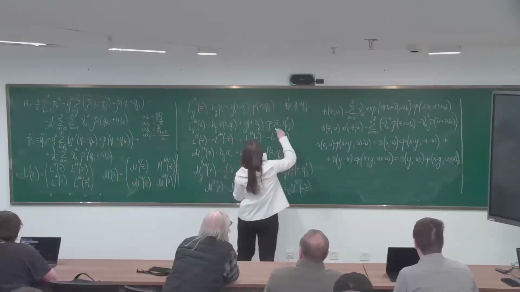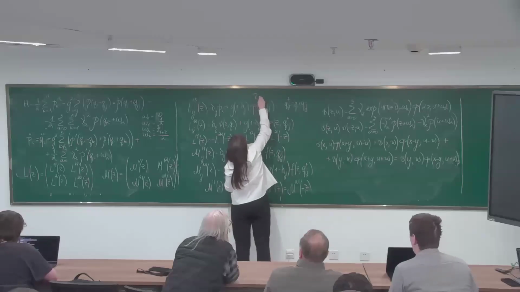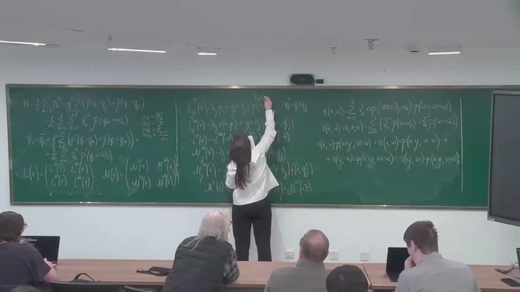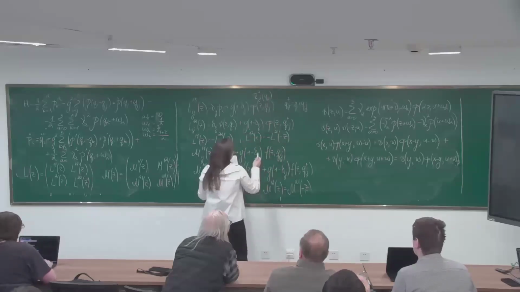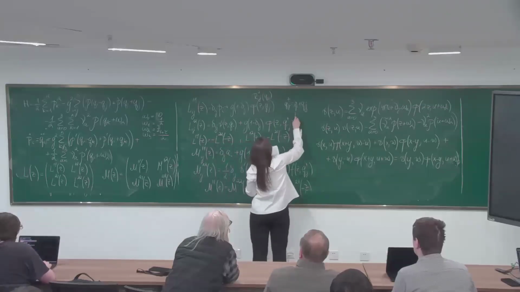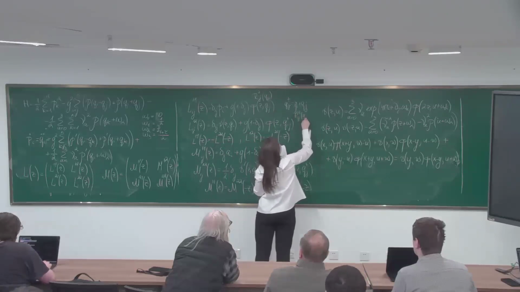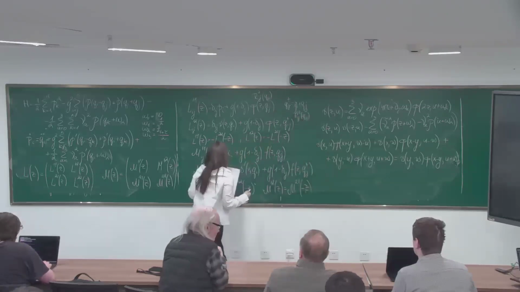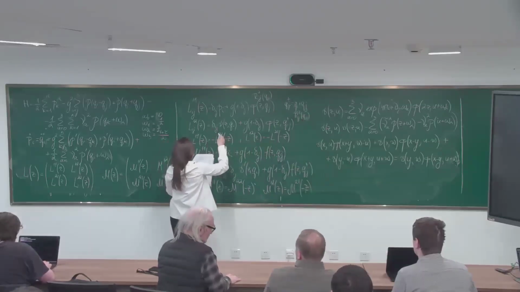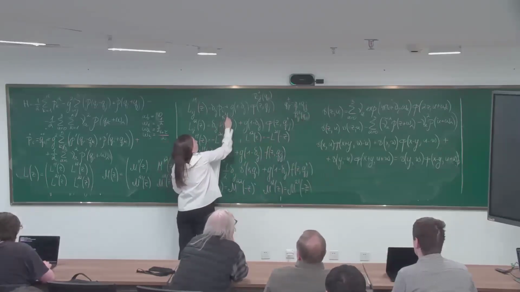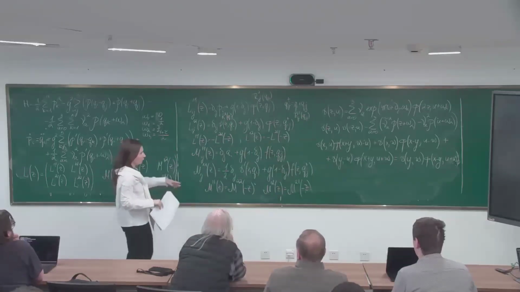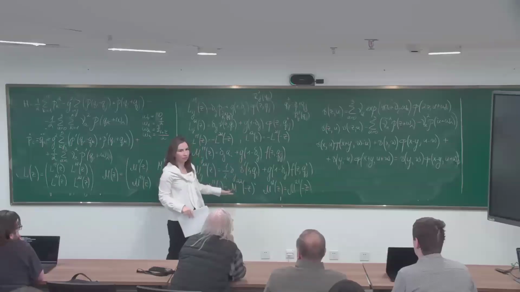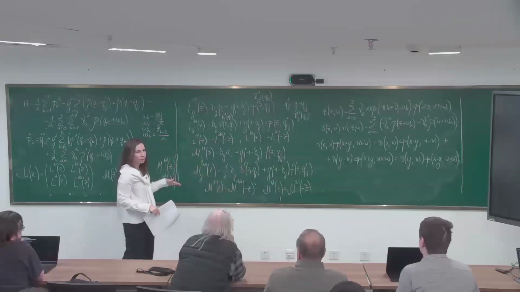So here, instead of phi, we have this R_ij. Instead of this, we have R tilde_ij. I will explain later what it is. And instead of this, we have the reflection operator. So you do it the same, and here you have the same derivatives. So this is the answer.